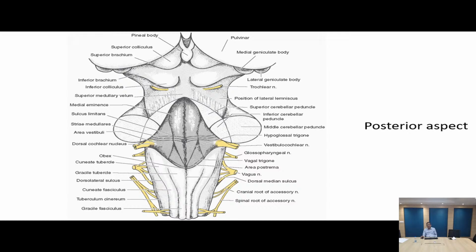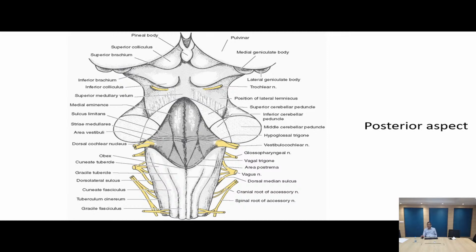I am sure you have read it before, but what you need to know now is that this pair of superior colliculus is concerned with visual functions and visual reflexes and the movement of the eyeballs. The inferior colliculus is a station in the auditory pathway.